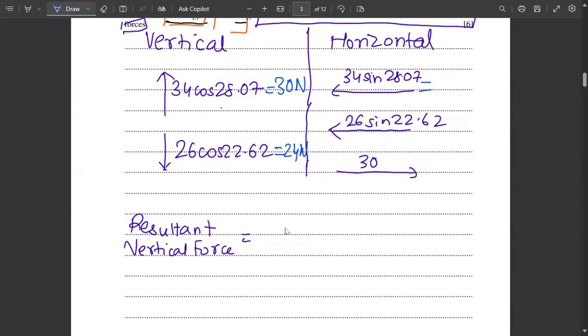The value for 34 sine 28.07 will be 16 Newton. The value for 26 sine 22.62 will be 10 Newton. And the value for 30 is 30. So now, as you can see, this upward force is greater than the downward force. So we can write the resultant vertical force is 30 minus 24, which is 6 Newton upwards.